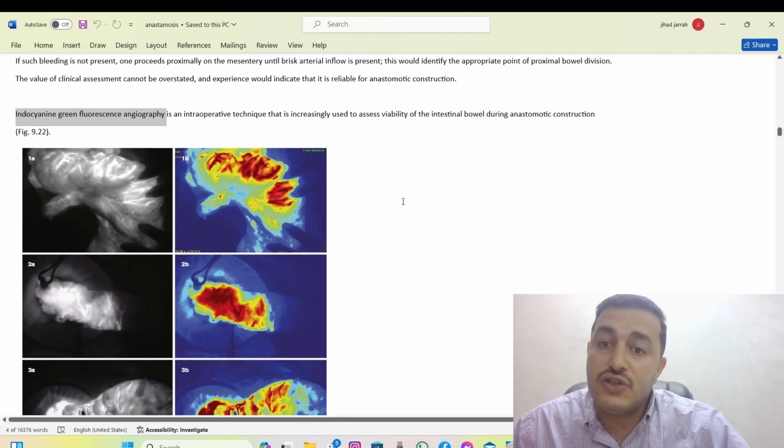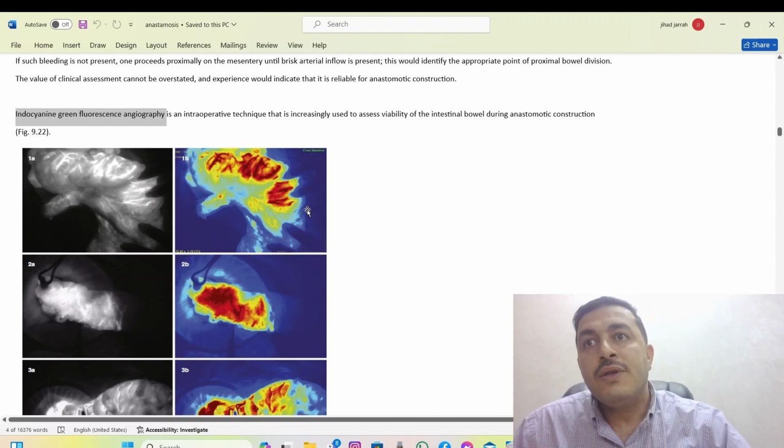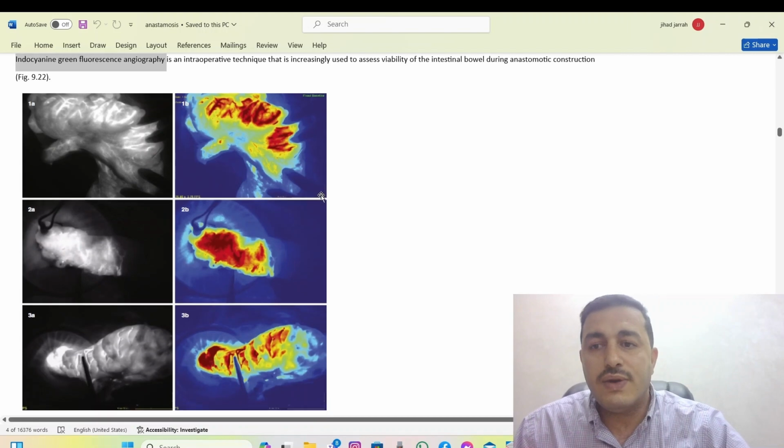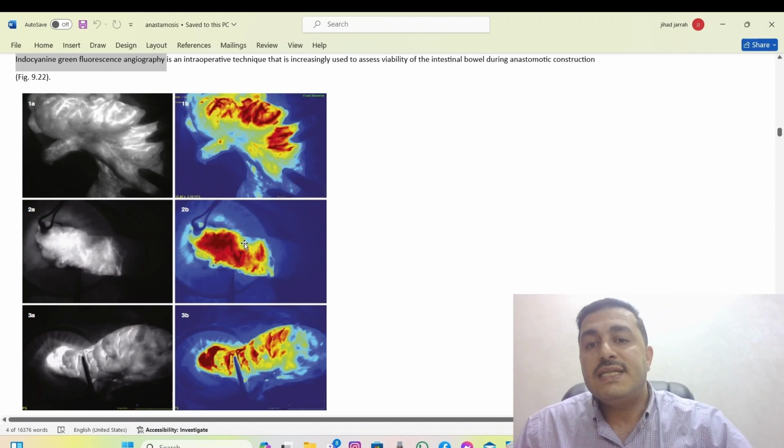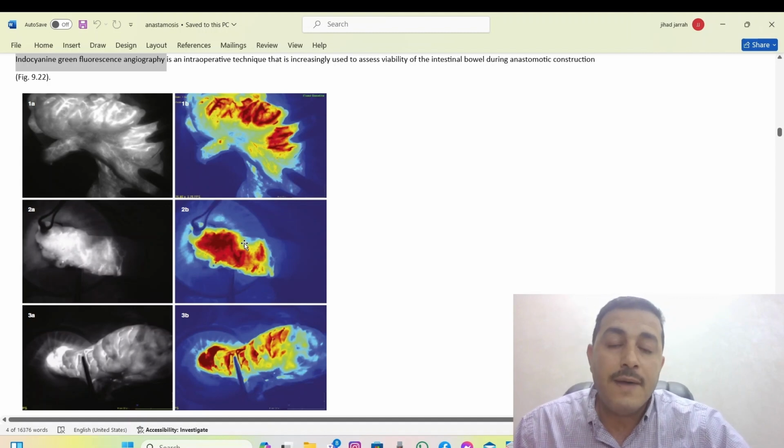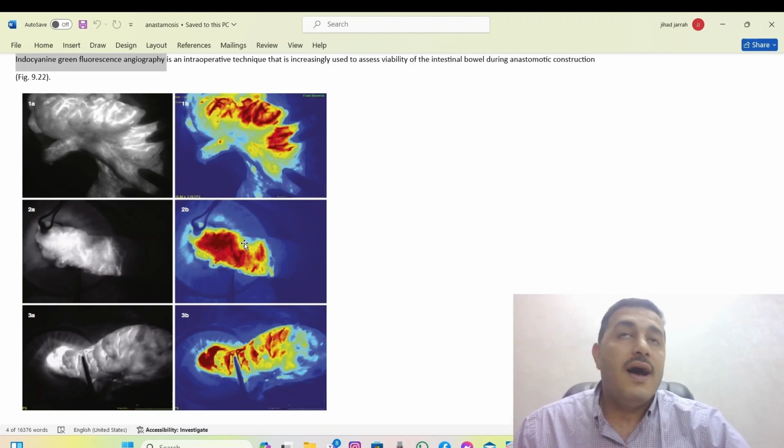In colorectal surgeries, we can use it to assess the perfusion or the vascularity of the bowel. You can see here, for example, the well-perfused segment of the bowel. Of course, here we need a special camera to detect these changes.